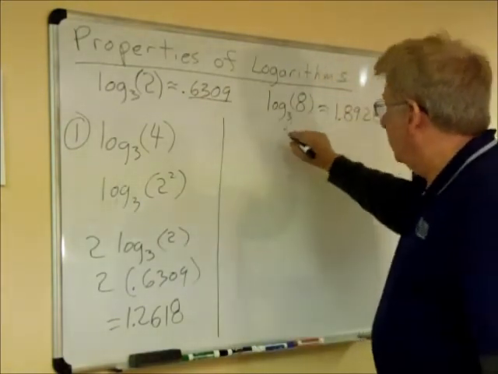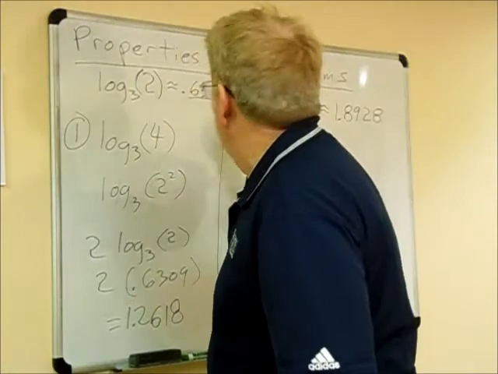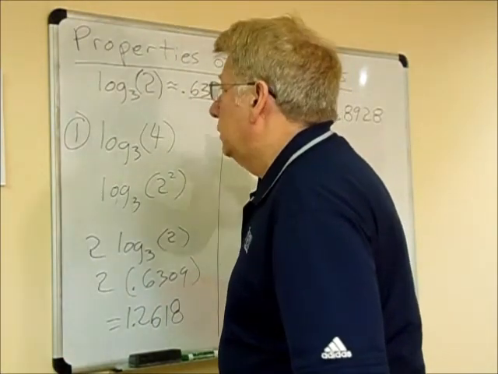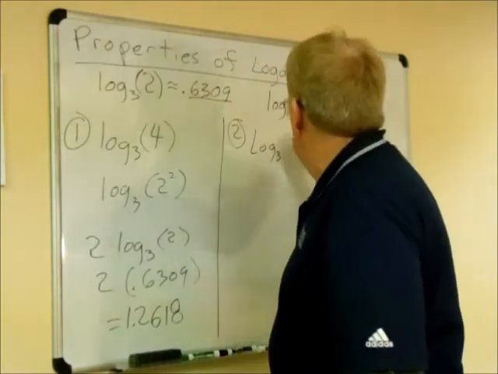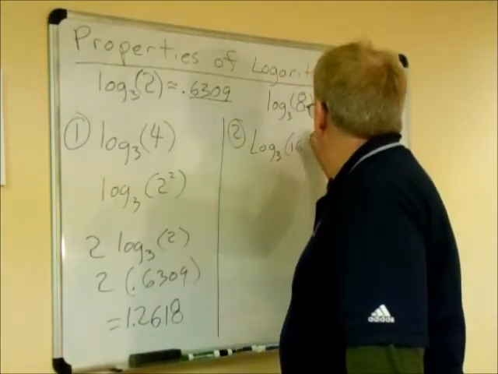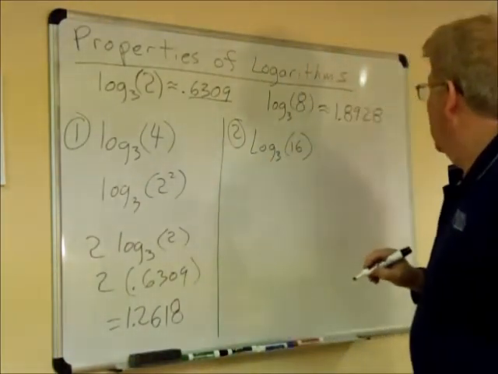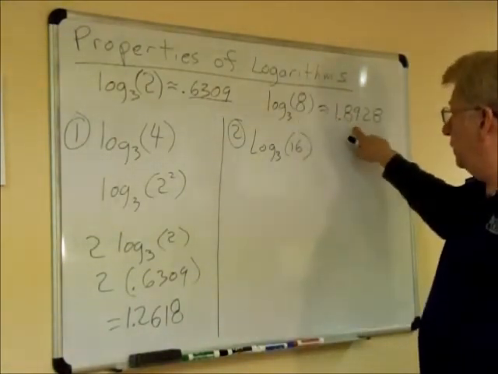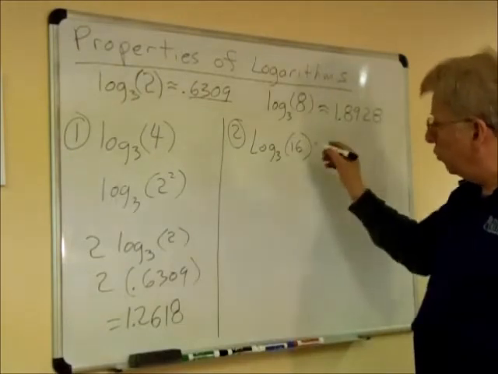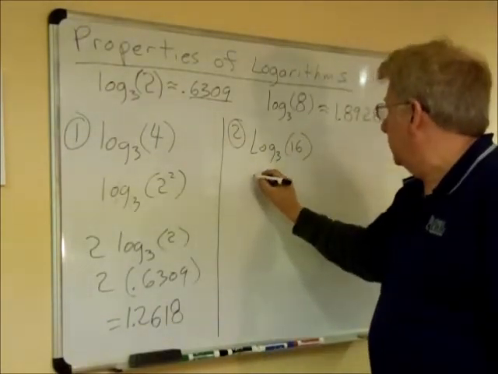Now the second example we'll use will be log to the base 3 of 16. Alright, now we know that log to the base 3 of 8 is this value. So let's say we take this and split it up.